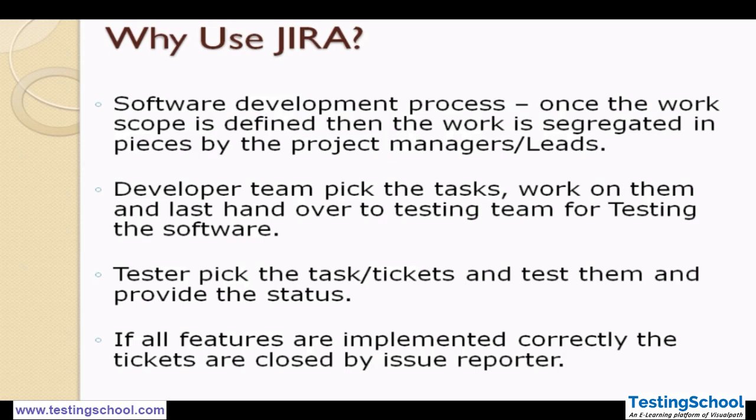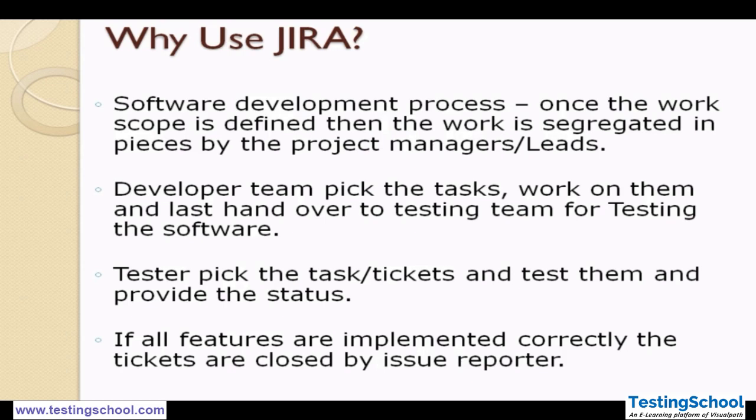Then the developer team picks the task, works on it, and at the last it is handed over to our testing team for testing the software. So it is needed because how do you assign any particular task to a testing team, how do they identify who has worked on this ticket?